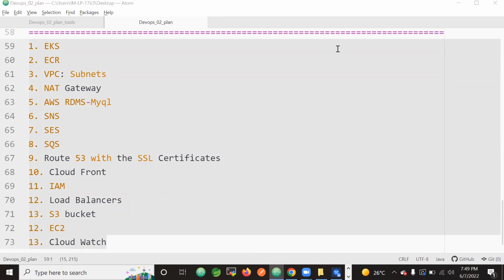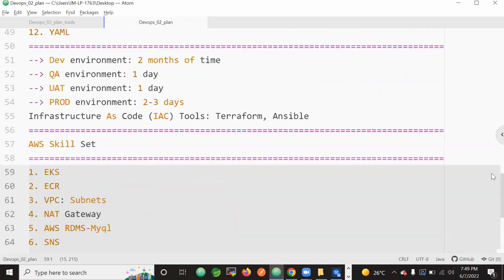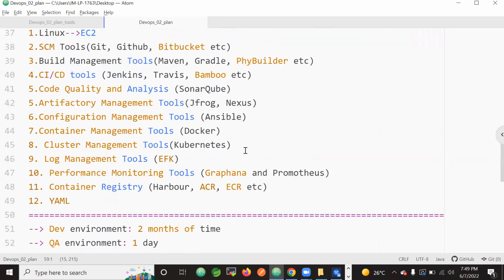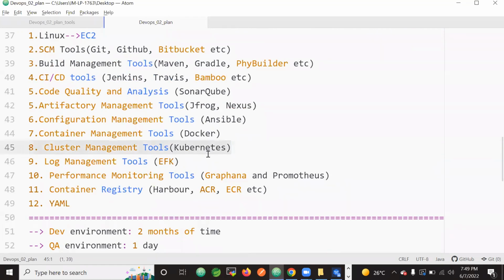Next, is there any advantage of certification in an organization? 100%, the certifications will help. If you are a Kubernetes administrator or Kubernetes developer certified, companies will pay you like anything. Double, triple salary they will give you.